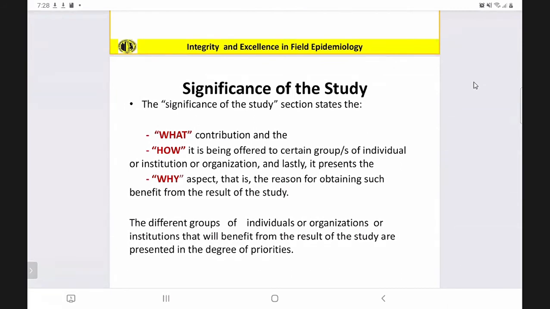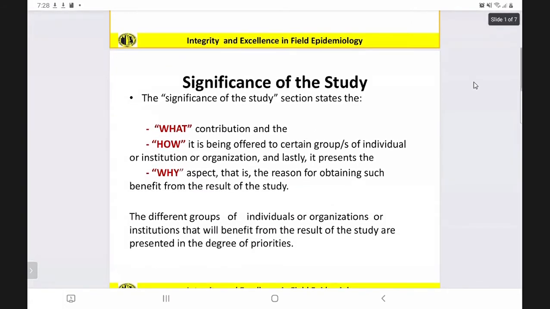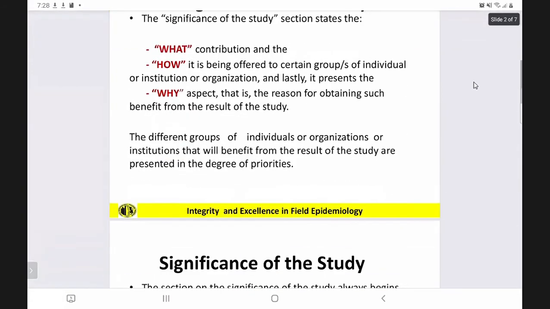Definitely it's the patients, right? And next is the health workers, and so on and so forth. Okay, so the different groups of individuals, organizations or institutions that will benefit from the result of the study are presented in the degrees of priorities. Next slide, please.